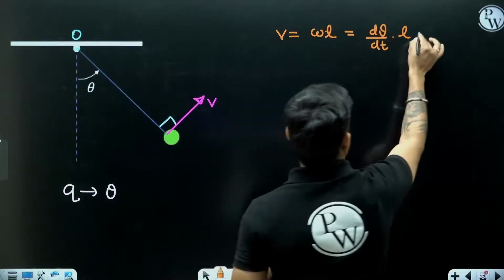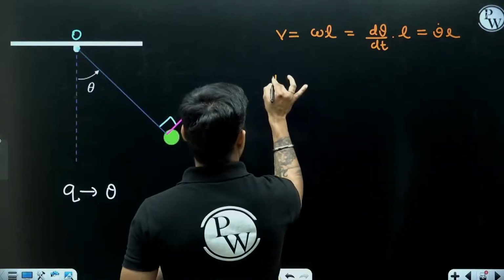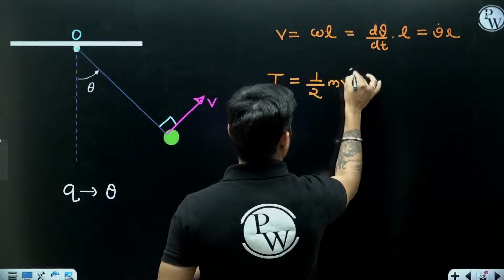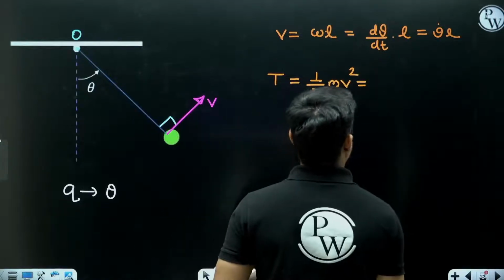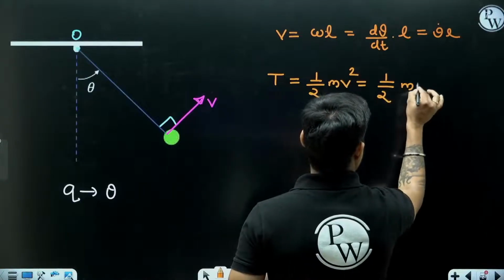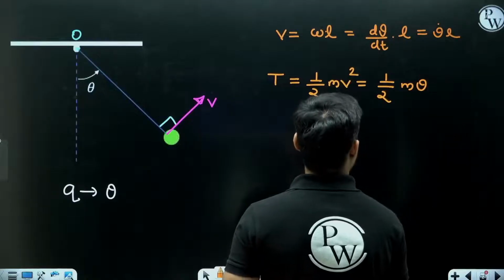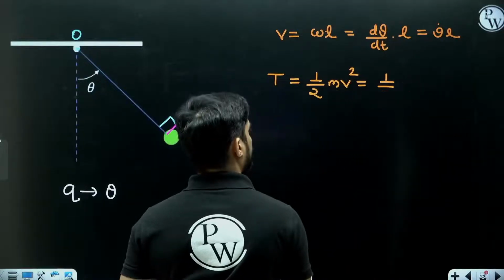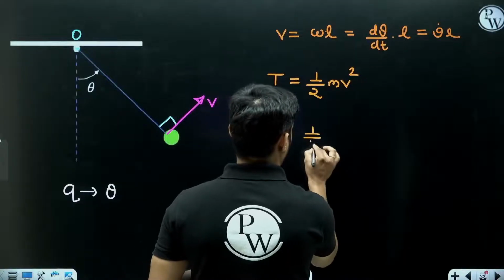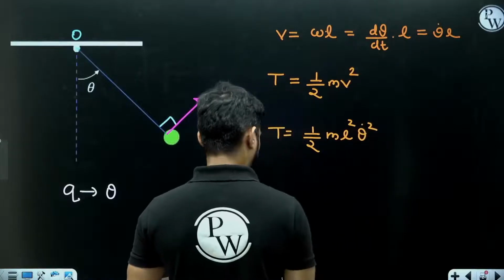So V will be equal to theta dot into L. So the kinetic energy will be equal to half m theta dot square L square, or I should write it like this: half ml square theta dot square.